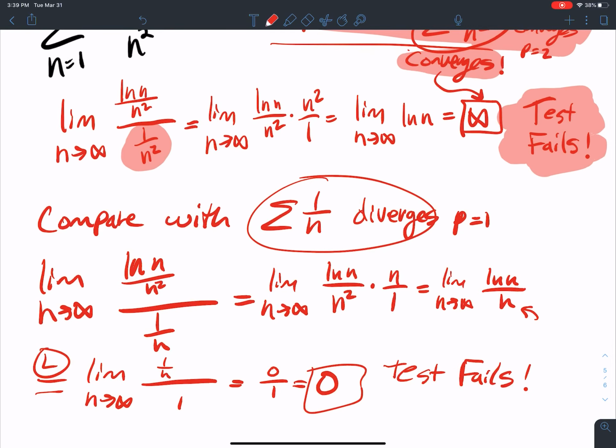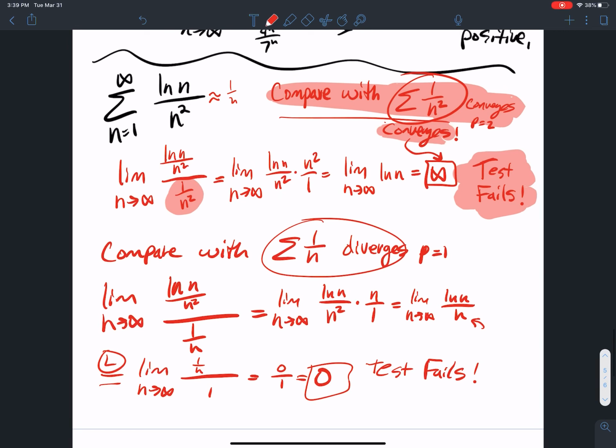So I went from one end of the spectrum to the other. I went from getting infinity to getting 0. This helps us none, because remember, if I know that the denominator series converges and I go to 0, that means that the denominator is more dominant, and therefore this one has to converge.